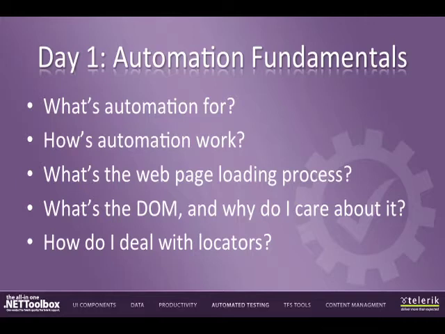That client then reassembles everything, renders it, and builds the entire page into what's called the document object model, or DOM. And understanding the DOM is crucial to building stable tests and understanding how to create locators that help you find things within the DOM to inject text to or to verify, those sorts of things. So that was day 1.